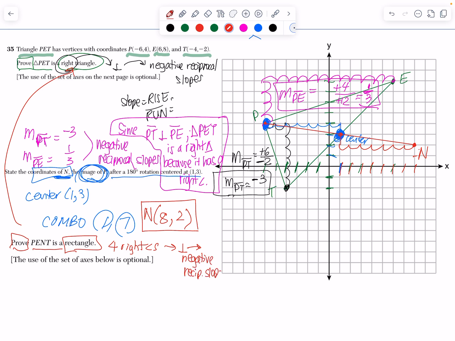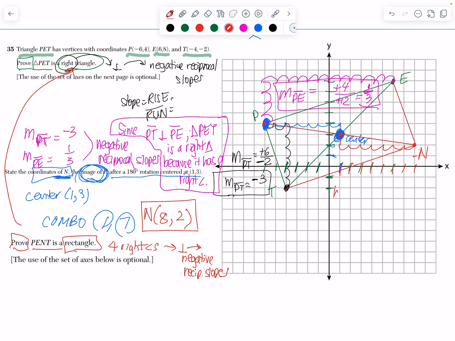So let's go ahead and connect these vertices. We already found the slope for line segment PE and for line segment PT. We'll just find the other two sides.